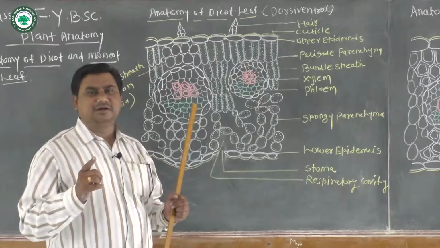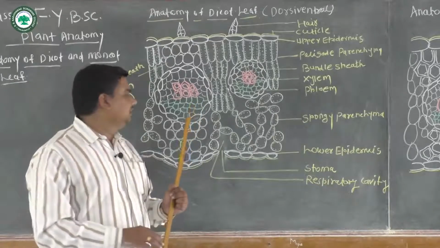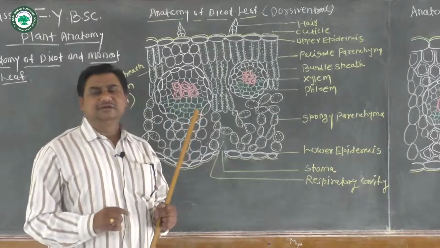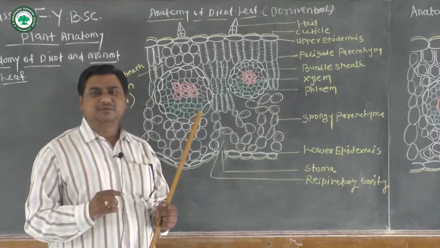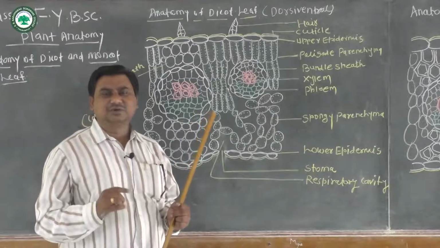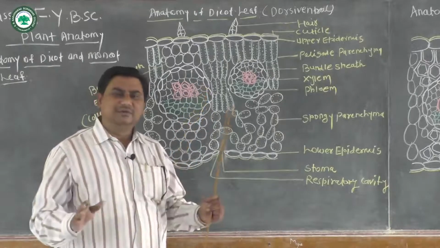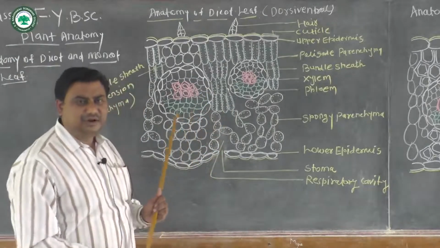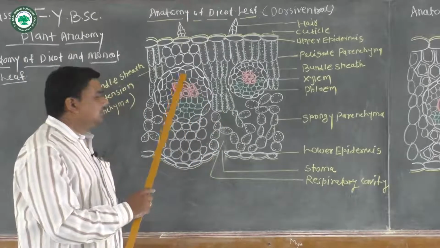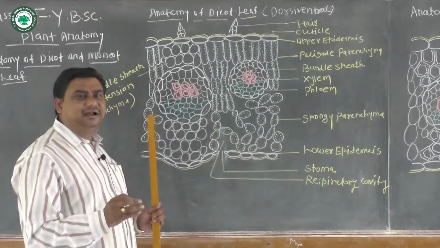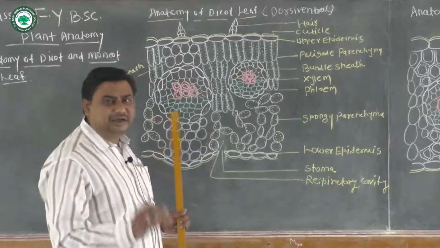But here there is the absence of cambium. That's why this vascular bundle is the closed type. There is an absence of cambium altogether in the vascular bundle. So that vascular bundle is conjoined, collateral and closed type.